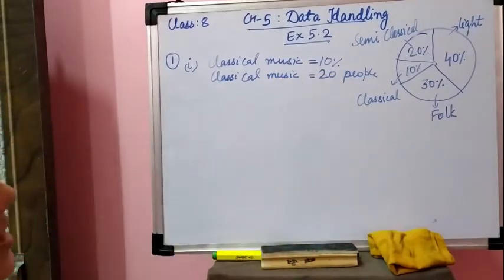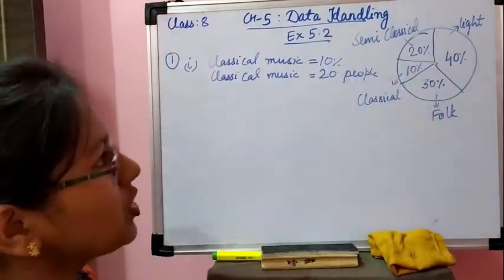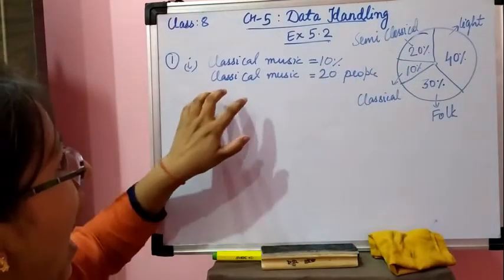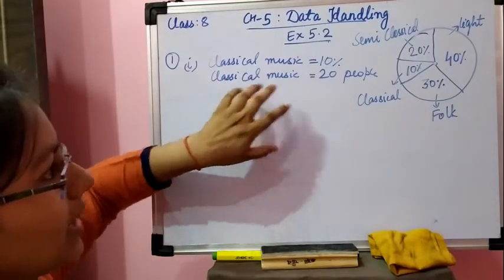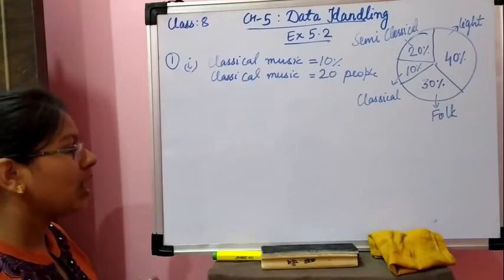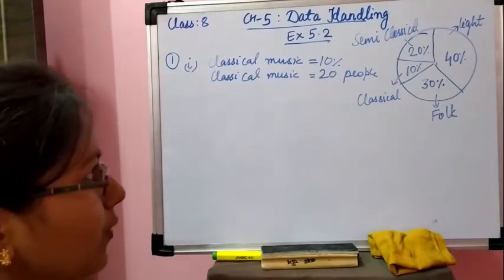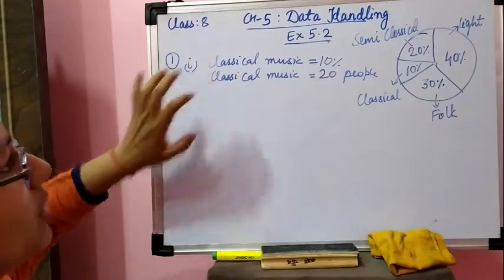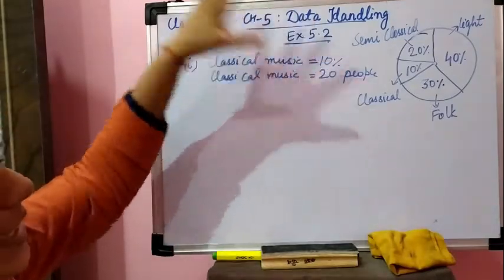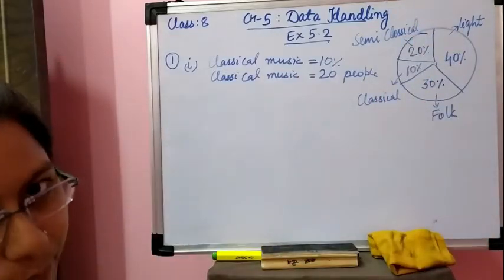In the pie chart, the percentage-wise choice of music is given, and in the question the number of people is given. So classical music is liked by 20 people. Now the question is how many young people were surveyed. What we came to know from this statement is that 10% of the total people surveyed is 20.